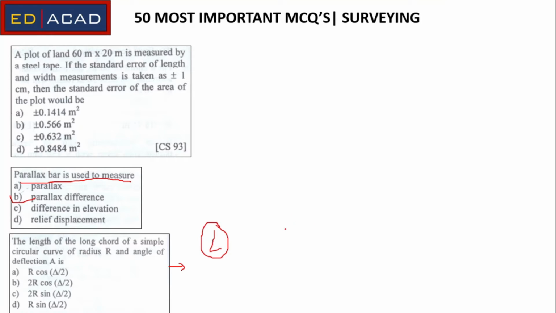I think I drew the diagram in the last slide, so let's draw it once again. This is our angle of deflection delta, this is our length of long chord from here till here, this is our radius, and these angles are delta by 2 and delta by 2.